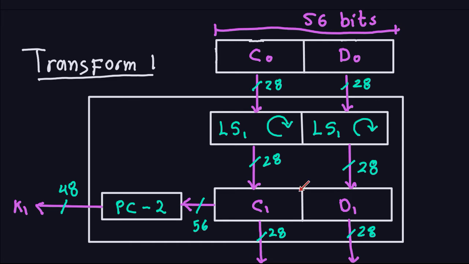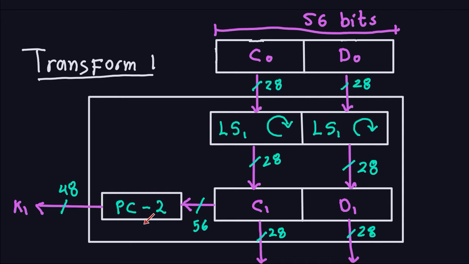Once that left shifting is done, this is gonna go to a permutation. This is permutation choice 2, and I'll talk about what that permutation does. It's gonna take 56 bits, because this whole block is 56, coming from 28 and 28. It comes into the permutation.